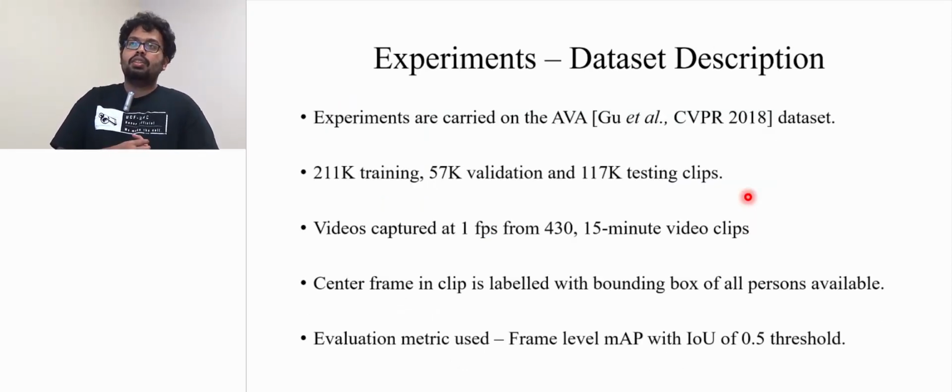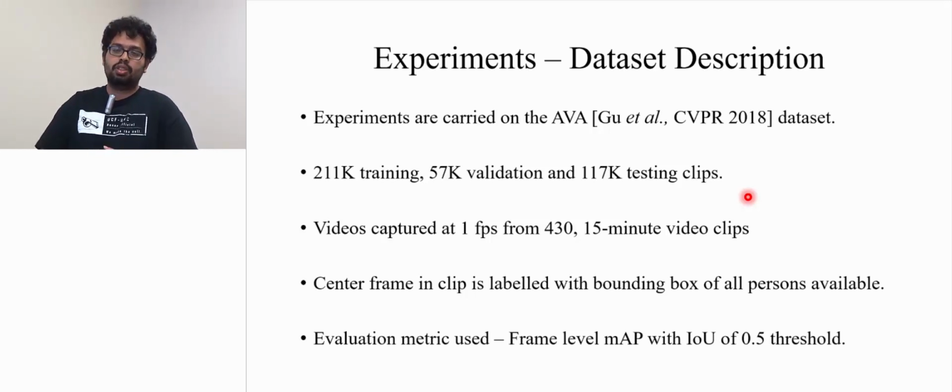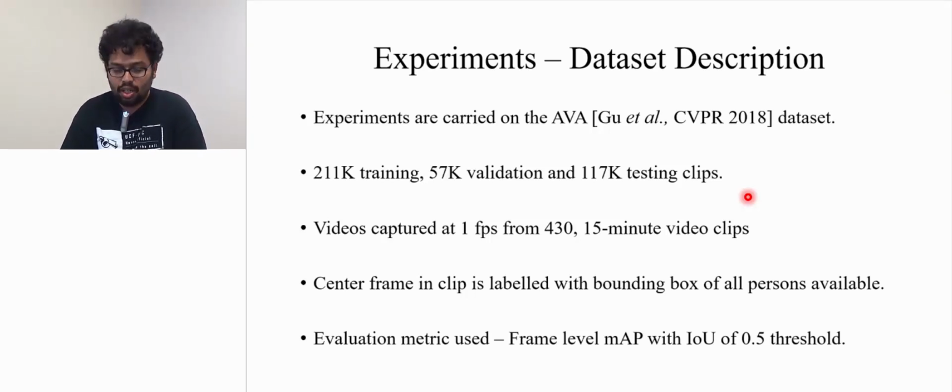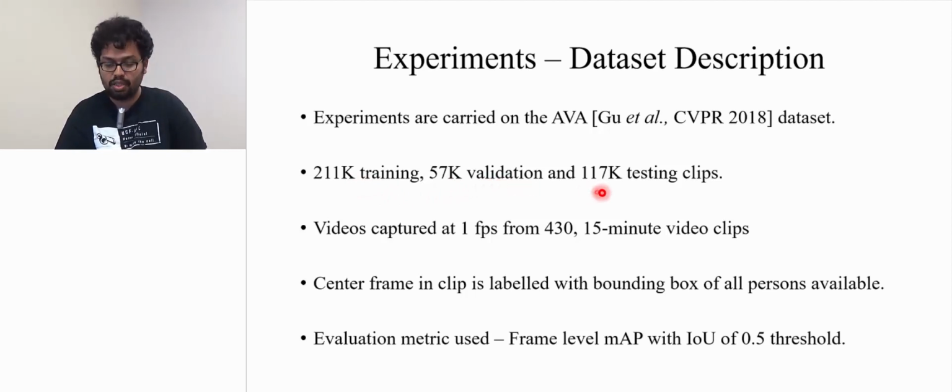So now I will describe the data set that has been used in this work. Here the authors have used the AVA data set, which consists of 211,000 training examples, 57,000 validation examples, and 117,000 testing examples.